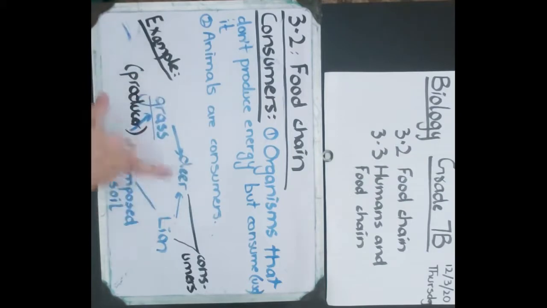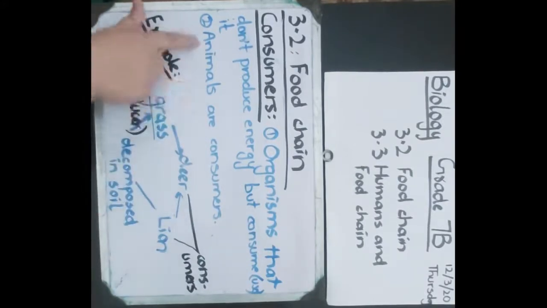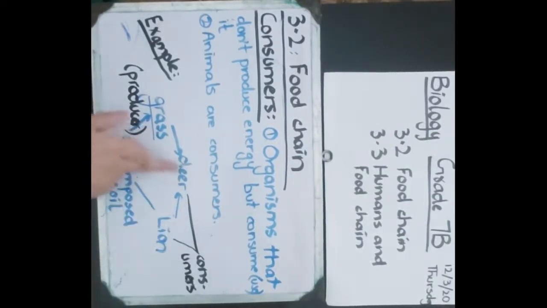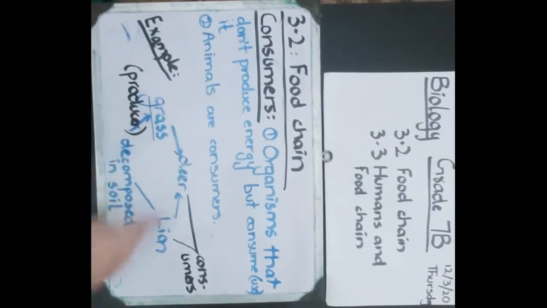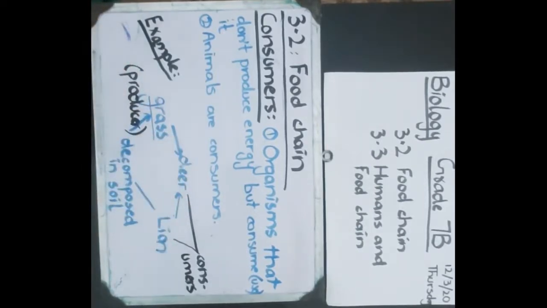In this example, deer and lion are consumers. Why? Because they are animals and they are not producing energy, they are just using energy. Deer is using the energy of grass, lion is using the energy of deer. That is it about consumers.